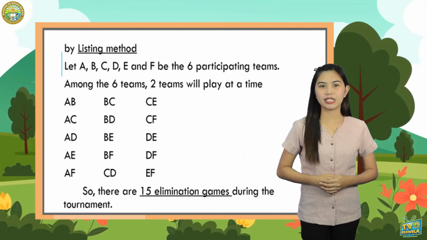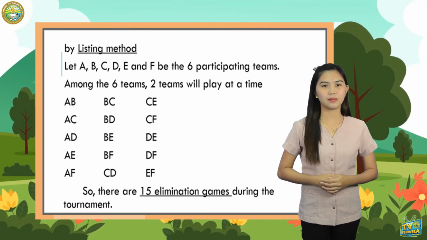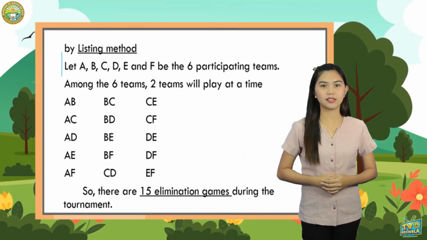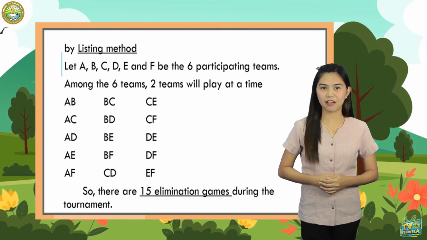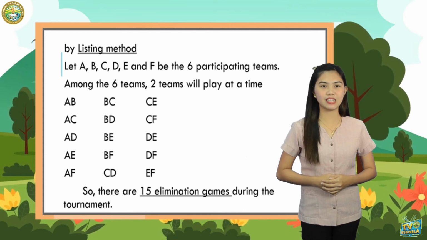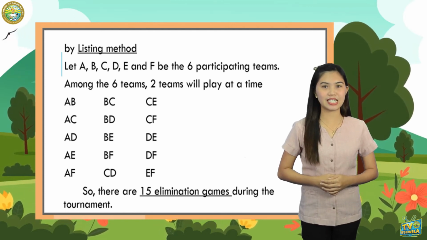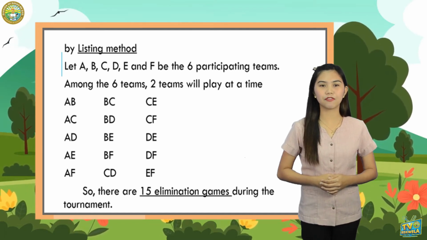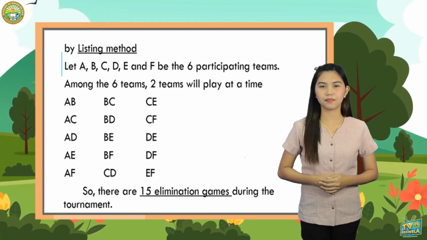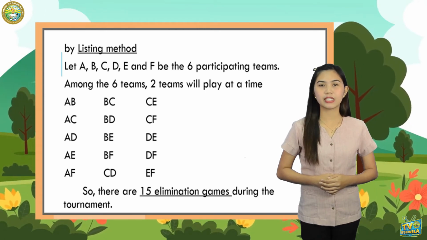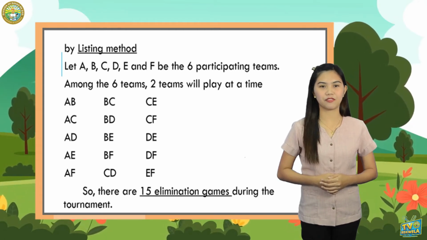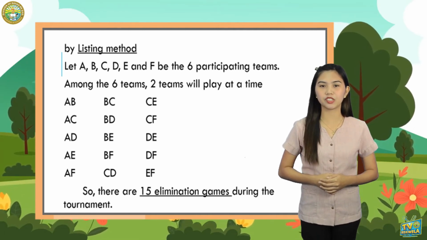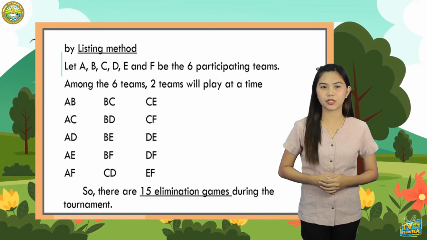So we have teams AB, BC, CE, AC, BD, CF, AD, BE, DE, AE, BF, DF, AF, CD, EF. So, there are 15 elimination games during the tournament.